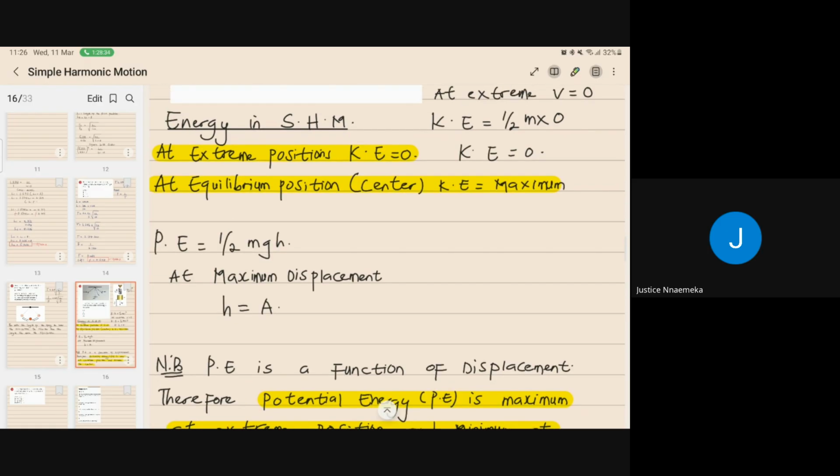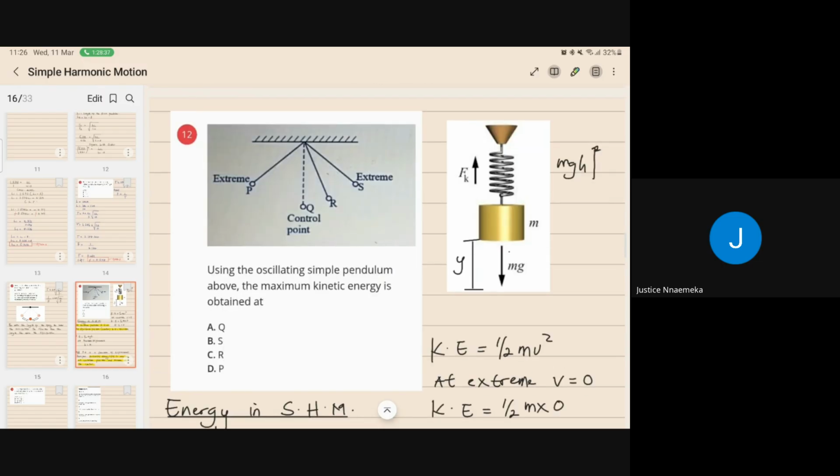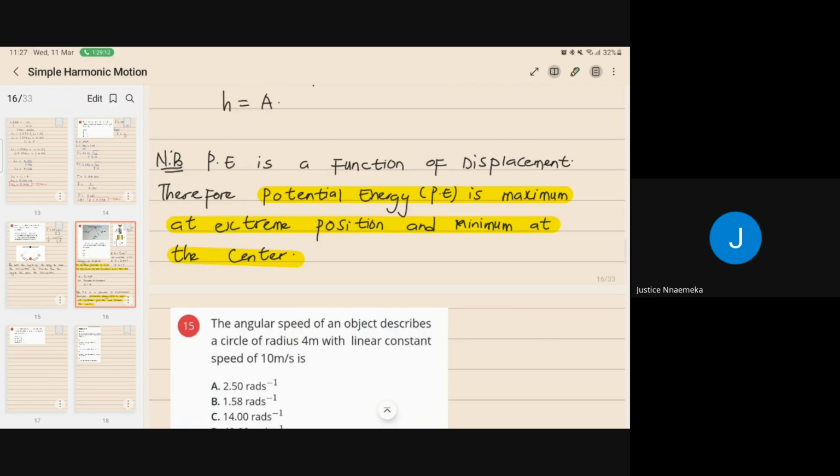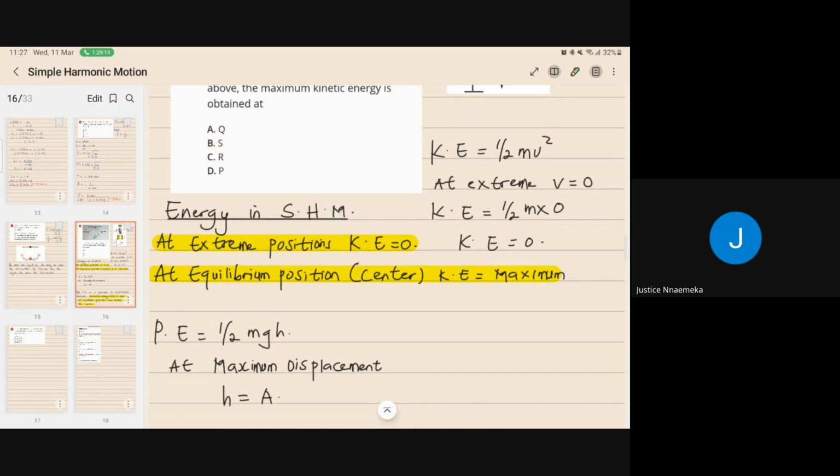So that said, what will be our answer from this very question? From what I explained, what will be the answer to that question? Yeah. A. Yeah. All right.